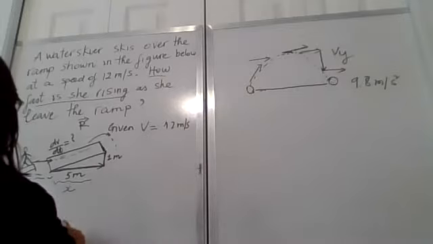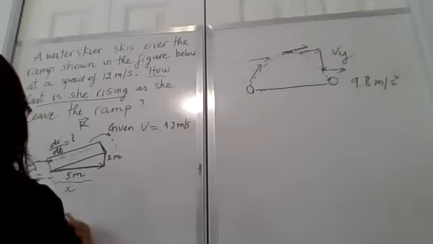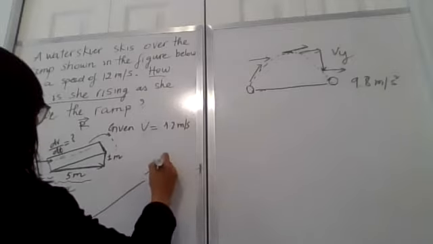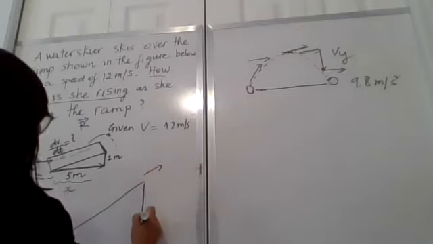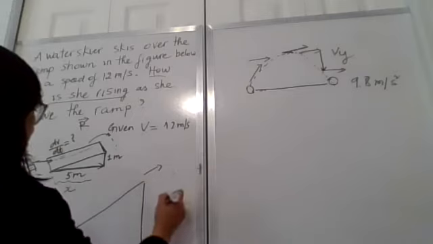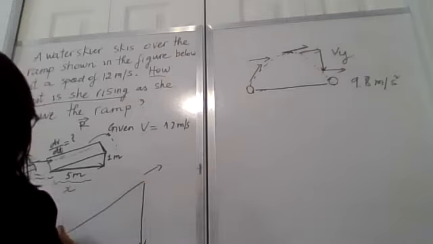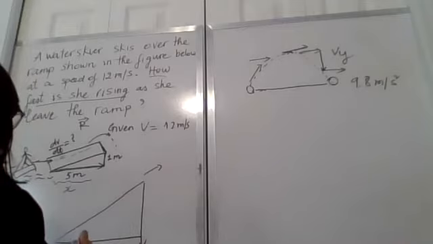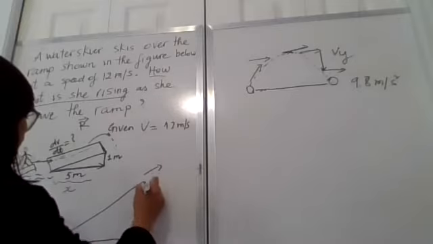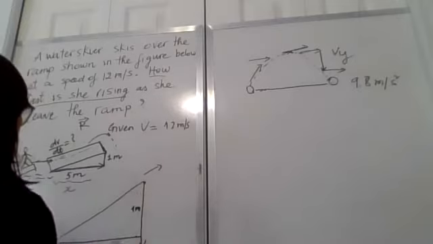So we have a situation where this lady will ski over the ramp and her speed goes up like that. We have a vector component when she jumps over the ramp, and she also has a horizontal component. The distance of the ramp is 5 meters, and the height of the ramp is 1 meter.